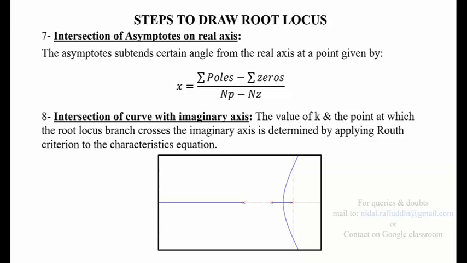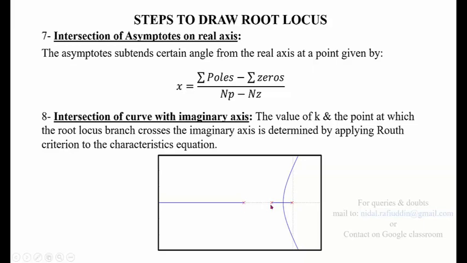So if you look at this particular figure, we have three poles, and we vary k from 0 to infinity. At k equal to 0, these poles are shown in red. The location of the three poles in red corresponds to the value of k equal to 0.